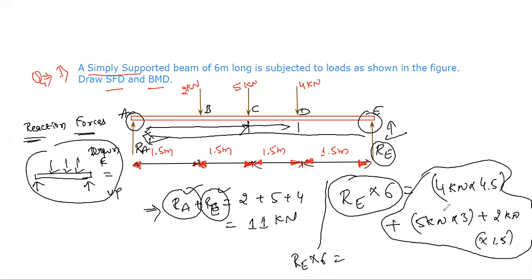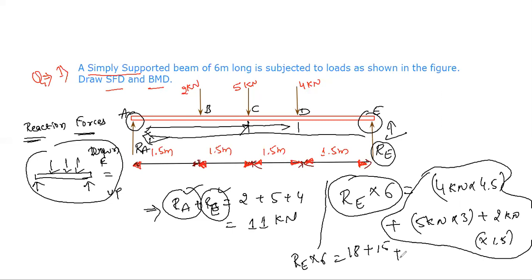Simplify this and tell me the answer. Re into 6 is equal to how much? Simplify: 4 into 4.5, how much? 18. It will be 18 here. This is 15.